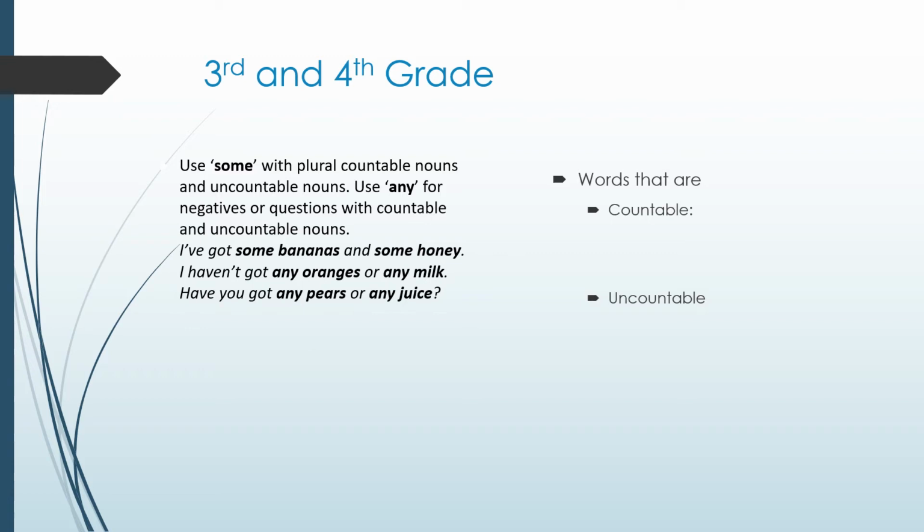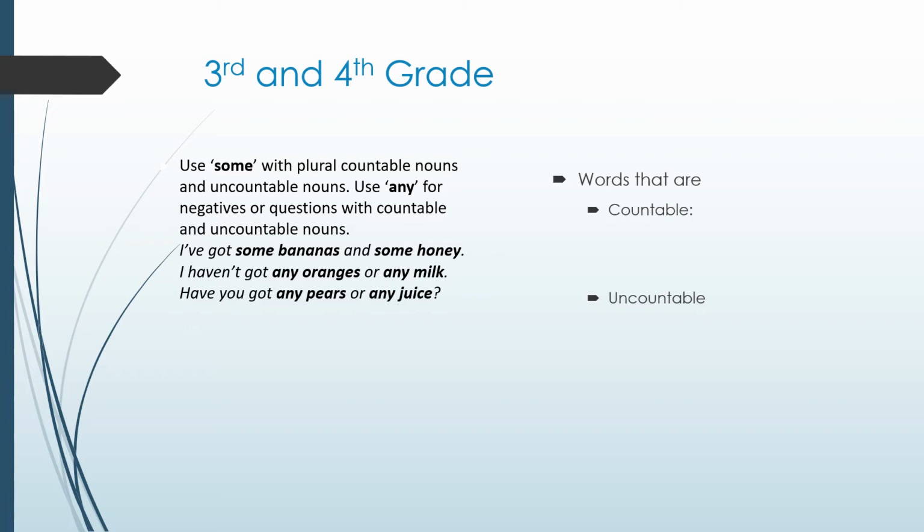If we assume that we have countable and uncountable nouns together, we can almost always use some rather than a. Some is more flexible. It can be used with both. But we should use any for negatives or questions with uncountable nouns.